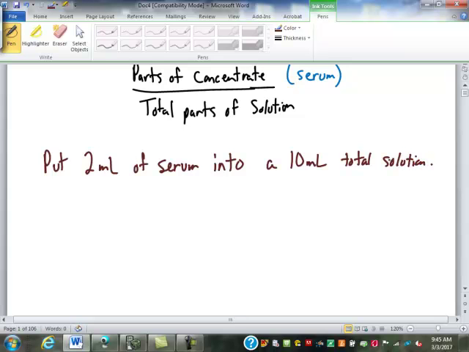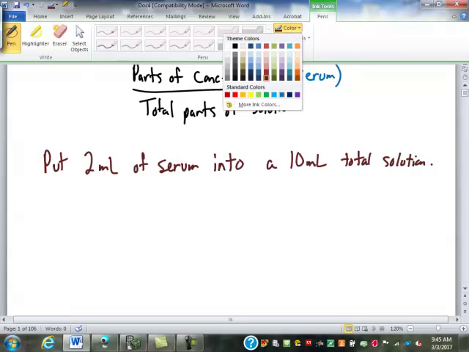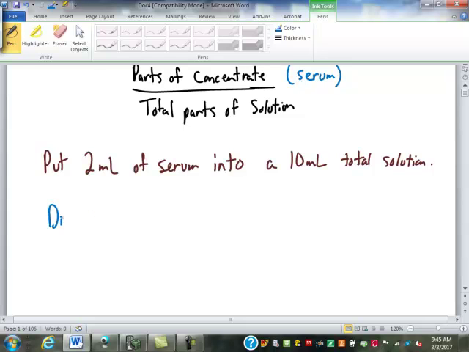So what that is saying is after we put in the 2 milliliters of the medication, we have 10 milliliters of total solution. So that dilution is 2 milliliters in 10 milliliters.